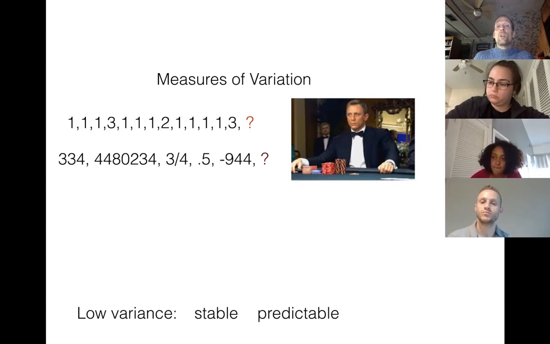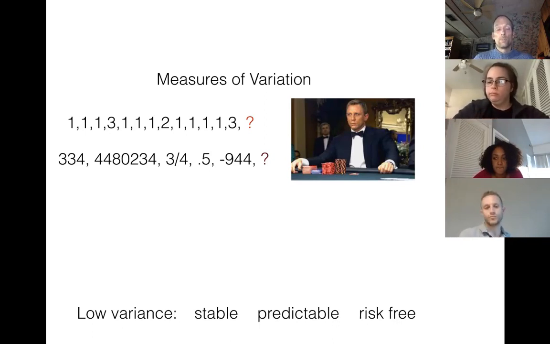That's a big advantage for us in statistics because if we want to forecast something later on, we're going to base that forecast on historical information. And if the historical information is very stable, it's going to make it much easier for us to do our prediction. That also means it's going to be more risk-free because we're more likely to get the prediction correct. Everybody okay so far with the idea of what would be describing a data set that has low variance?